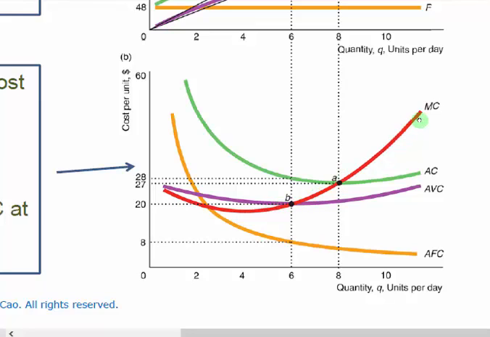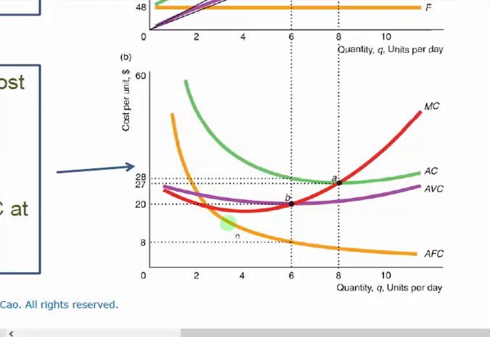Actually, I will tell you that it's the marginal cost curve that really gives you the average variable cost. And again, the average total cost, the AC here, actually depends on the average variable cost, and of course, the average fixed cost. You can see that average fixed cost is lower and lower as you produce more and more quantity. So the distance between the green line, the average total cost, and the average variable cost also decreases.